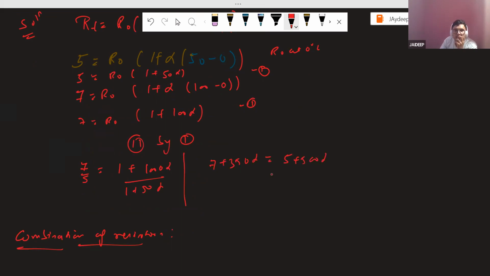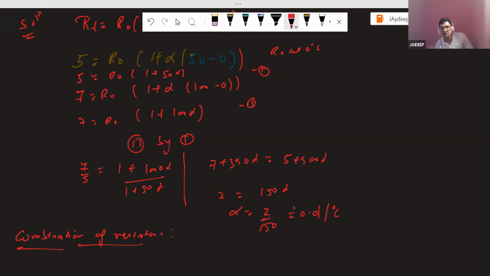So 2 equals 150 alpha. So alpha will come out 2 over 150. Am I doing wrong? Sorry, right? If you divide it, you will get 0.01 per degree centigrade.